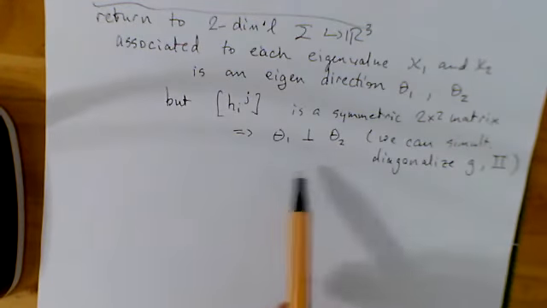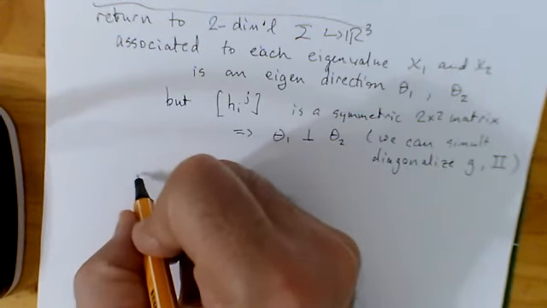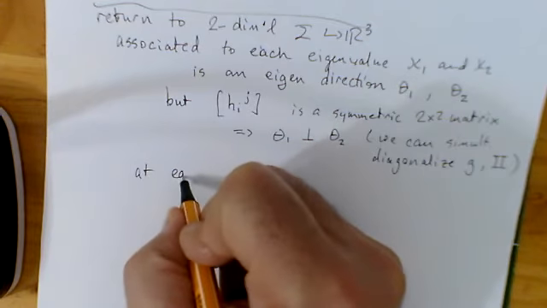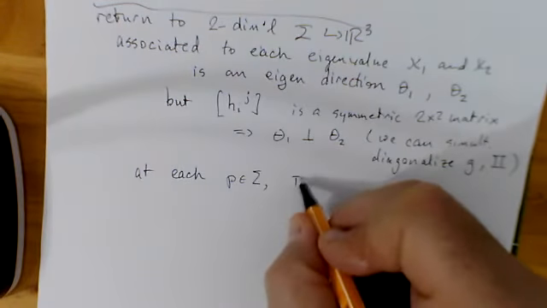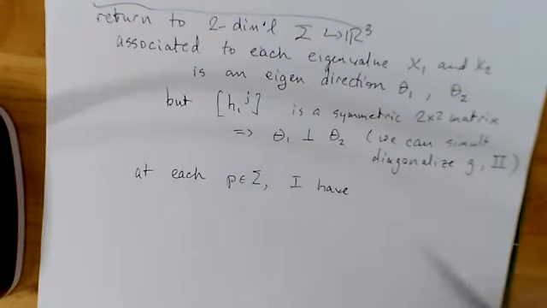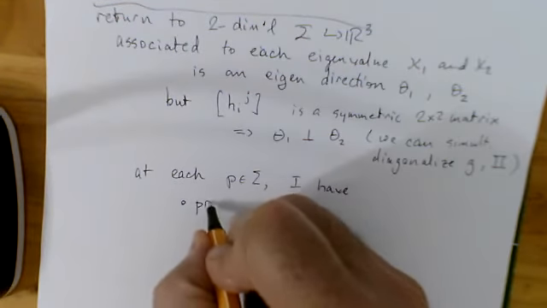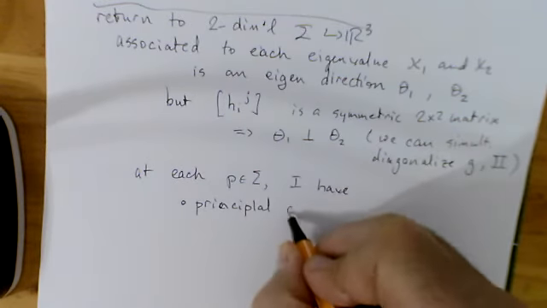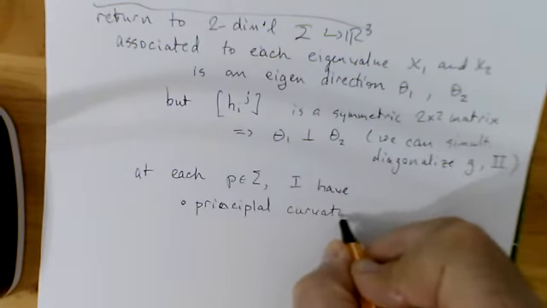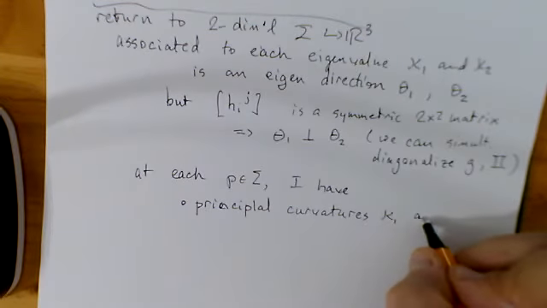So what does this mean? This means that at each point, I have the following information. I have principal curvatures, kappa 1 and kappa 2.